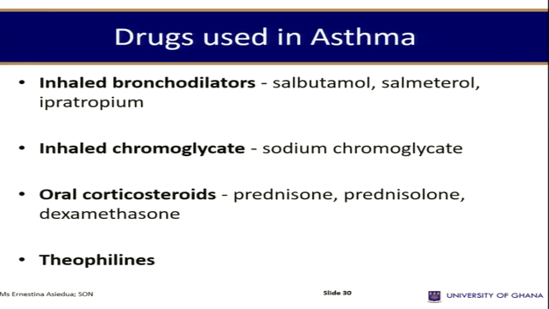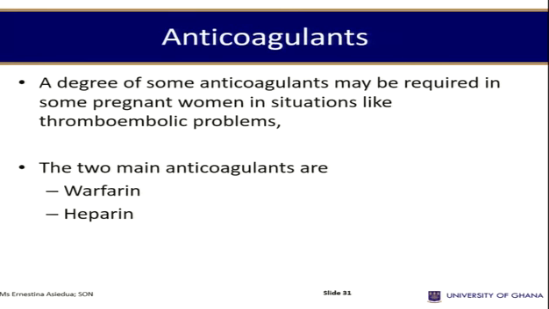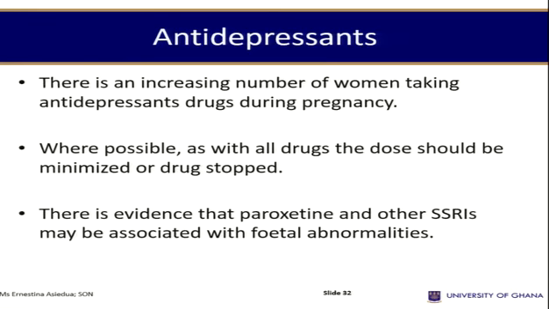In asthma, we have inhaled bronchodilators, the salbutamol inhalers, and the inhaled sodium cromoglycate inhalers. We have the oral corticosteroids like prednisolone and dexamethasone, and then theophylline. And then we have anticoagulants. The two main anticoagulants are warfarin and heparin, but like we said earlier on, heparin is sometimes preferable.